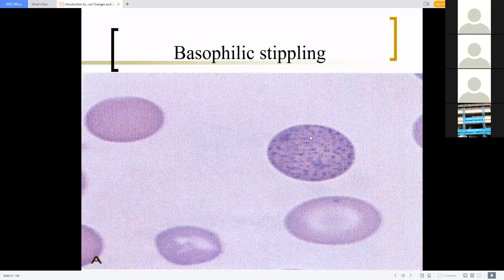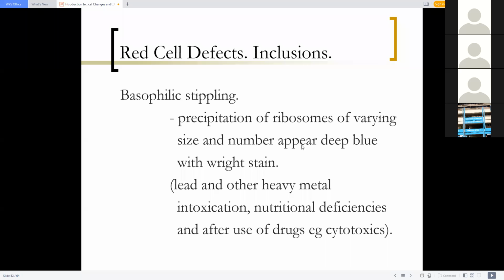Okay, so basophilic stippling, all right, and they're usually precipitates of protein material, ribosomes, heme material of varying size, and they appear bluish with Romanowsky stain, like Wright stain, and are usually seen in chemical injury, lead, or for example, heavy metal injury or poisoning, like lead poisoning, for example.